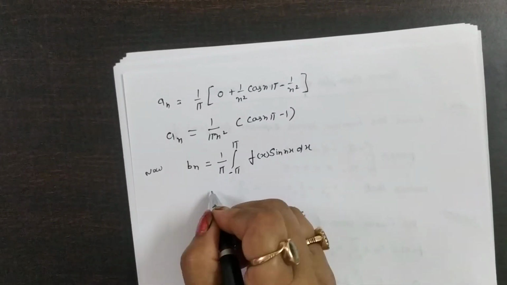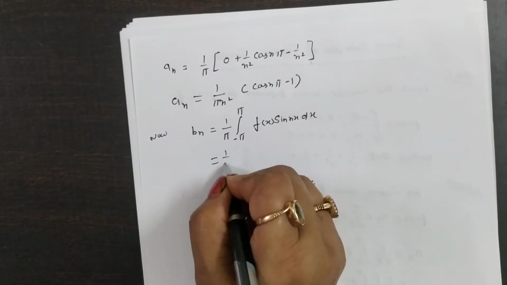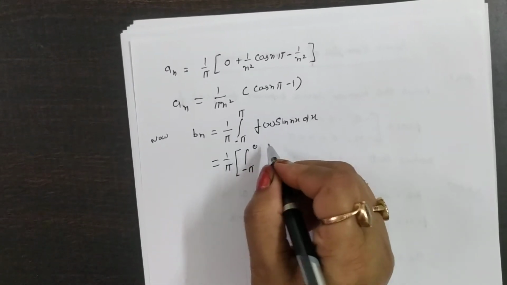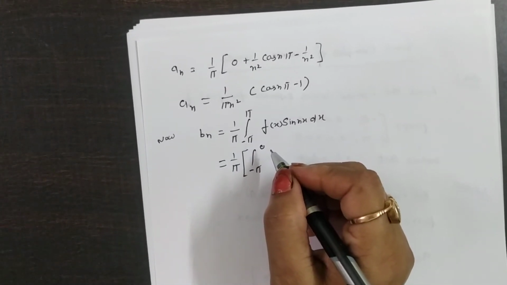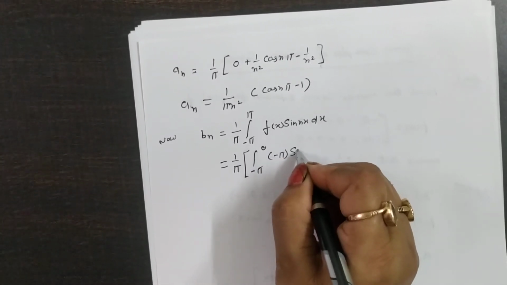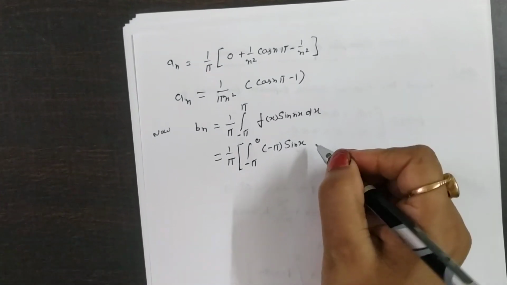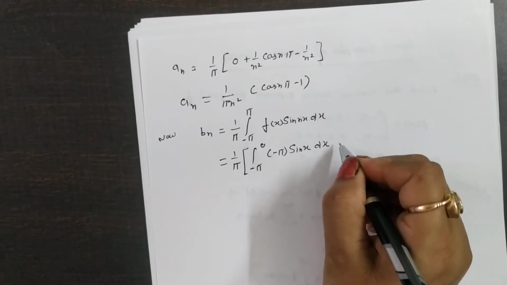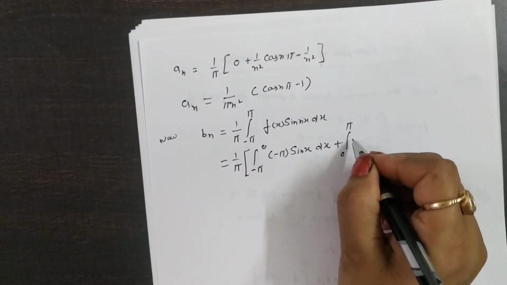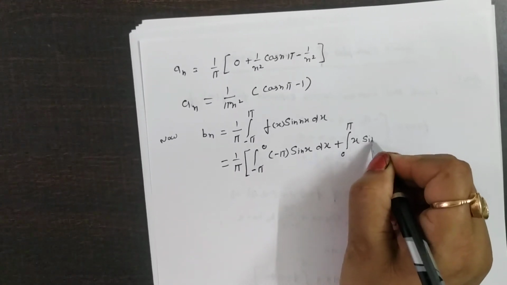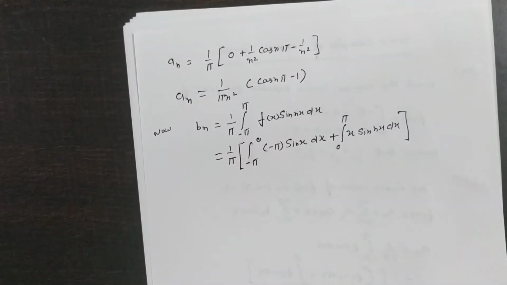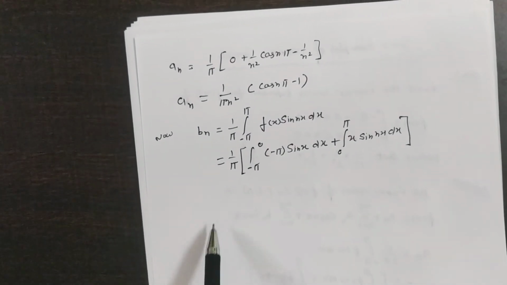Now this becomes again 1 by pi, integral from minus pi to 0, where f(x) in this range is minus pi, times sin nx dx, plus the limit from 0 to pi, where the function is x sin nx dx. Now similarly, as you have solved an, you solve this bn.